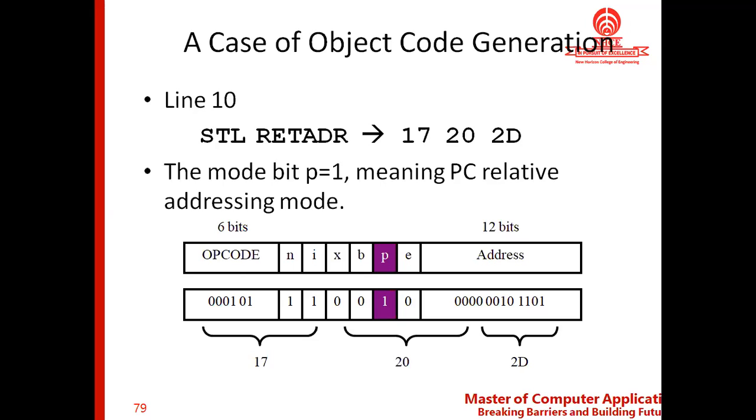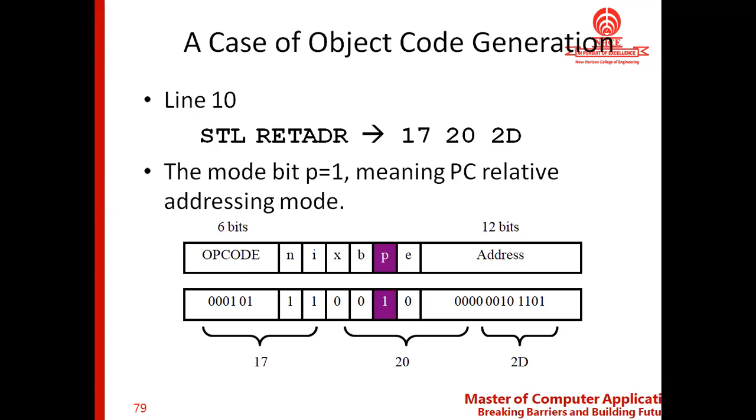Now, let us take the example, line number 10, STL RET-ADR. As you already know, the STL has the machine equivalent 14. And RET-ADR is a symbol, for which the TA has to be calculated. The TA is nothing but the address of the target.